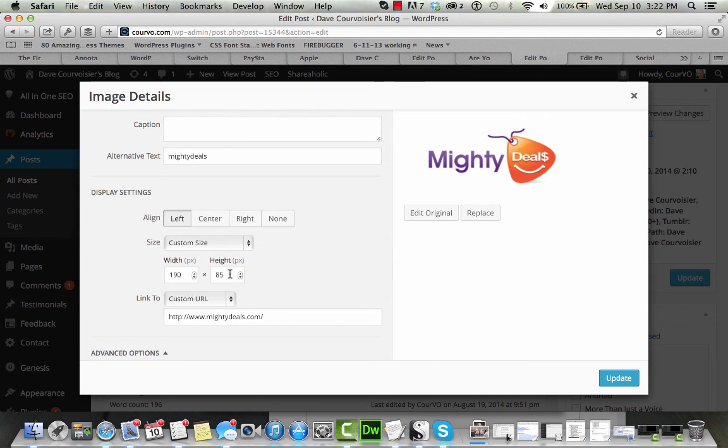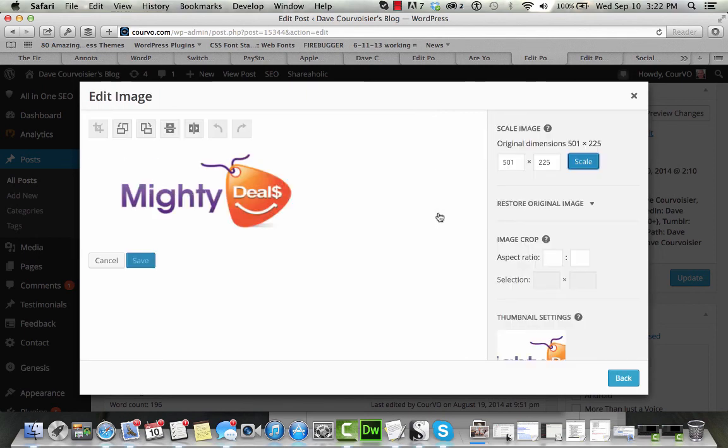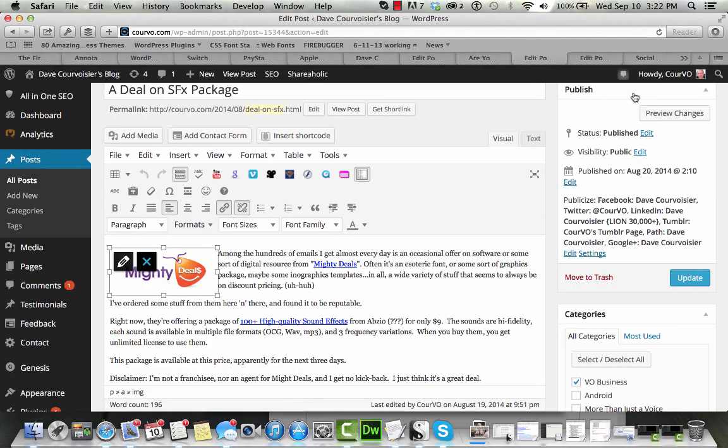That actually looks smaller in the blog article, but the original image that was loaded up by Dave into the media library in WordPress has dimensions of 501 by 225. And I believe that's what's triggering this image to be pulled by the Google Plus feed and displayed on the articles that are subsequently published on Google Plus.